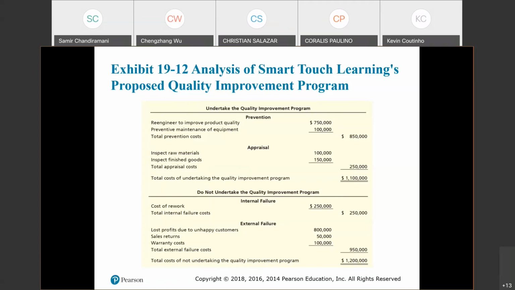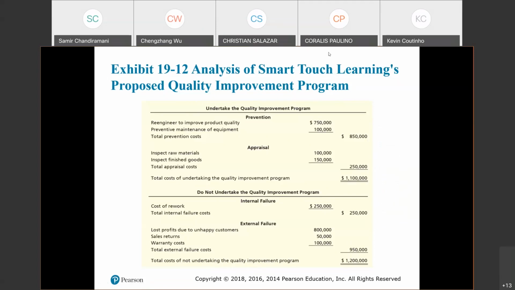These estimates suggest that the company would save $100,000 by undertaking the quality improvement program, where $100,000 is the difference between the cost of implementing and the expected savings due to the implementation of this program.